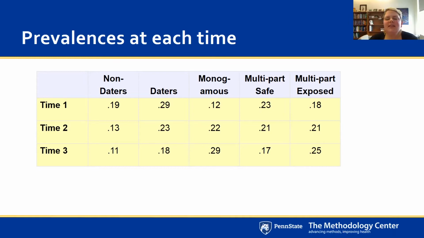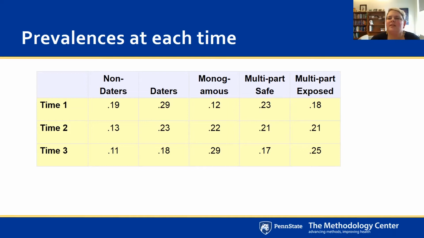The spacing of the data collection was approximately 1 year apart. And so what you can see is approximately 1 year later, we have the rates for membership in each of those classes. And then again at time 3, probably unsurprisingly, normatively during this developmental period, the rates of non-dating are decreasing a bit, as is dating only.